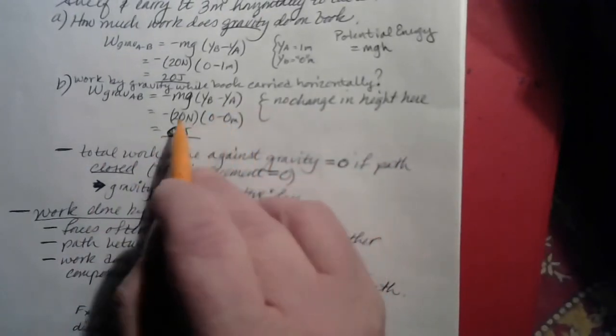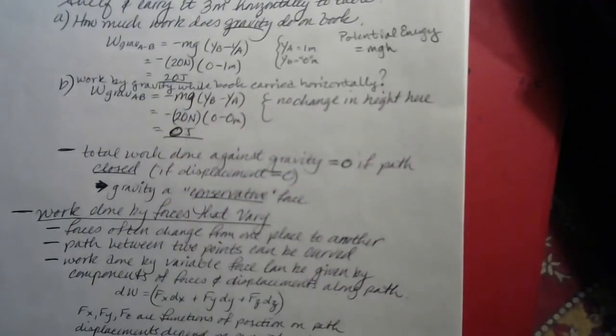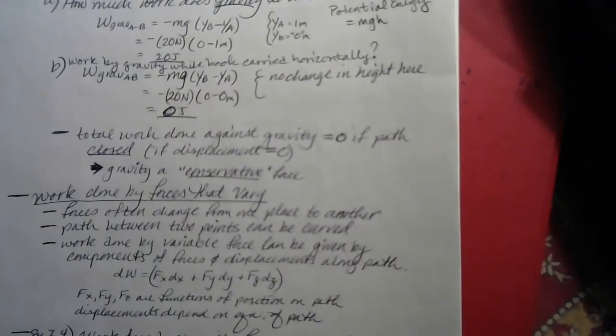Or the way we've drawn things here, basically 0 and 0. So negative mg, that's the weight, so that would be 20 newtons times 0 minus 0 is 0. And so we were right. Work by gravity is indeed 0 when something moves horizontally.